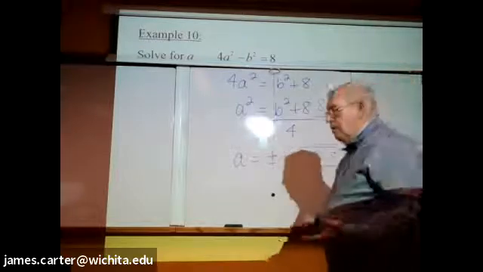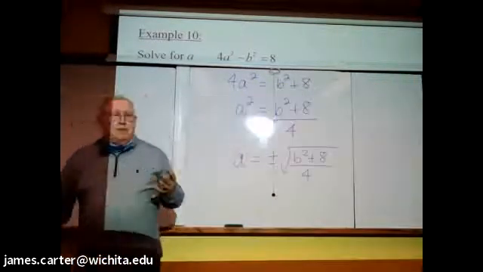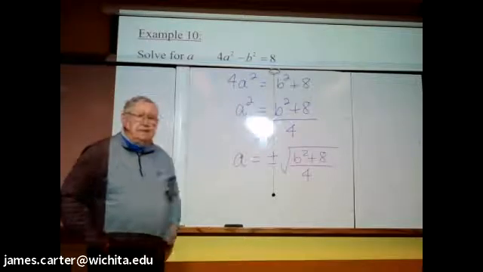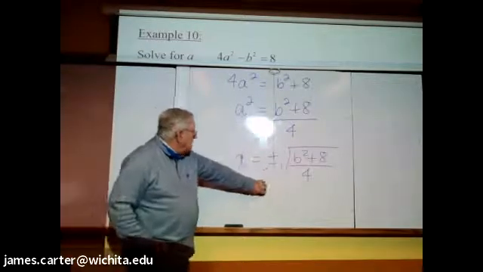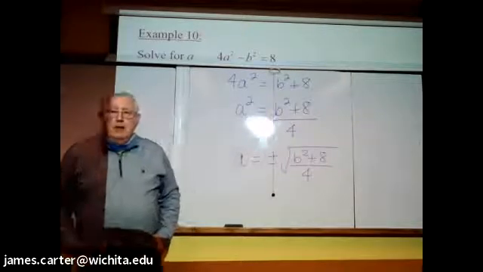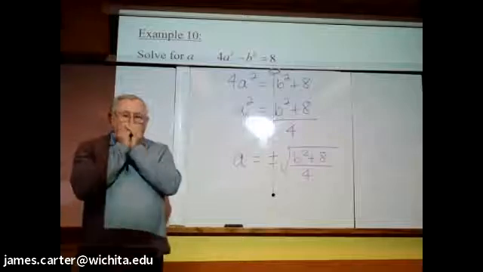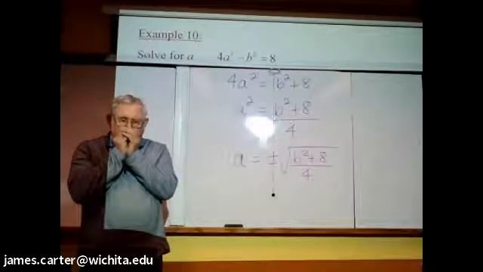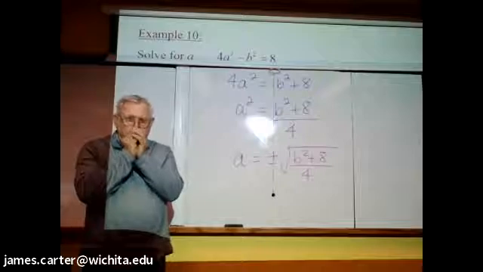Now, there are 3 rules for simplifying radicals, okay? And there's the plus minus there. My string is kind of in the way. Those 3 rules are: 1, thou shalt not leave a perfect square under a radical.